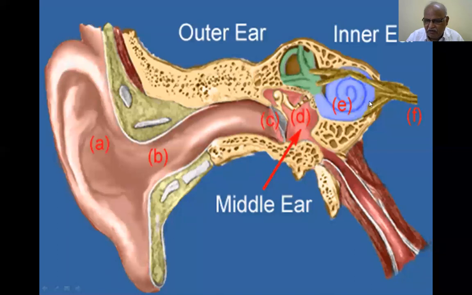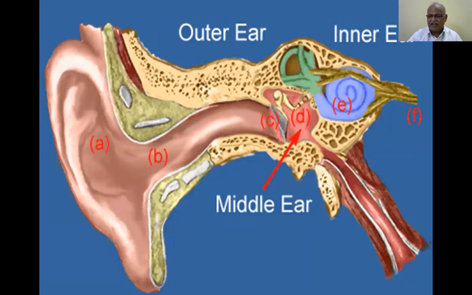The cochlea, vestibule, and semicircular canals are also bony parts. Inside the bony part of this entire structure, that means cochlea, vestibule, and semicircular canals, there is what is called the membranous labyrinth.